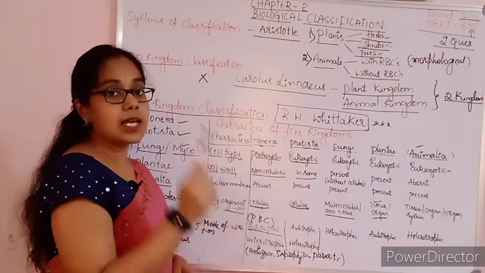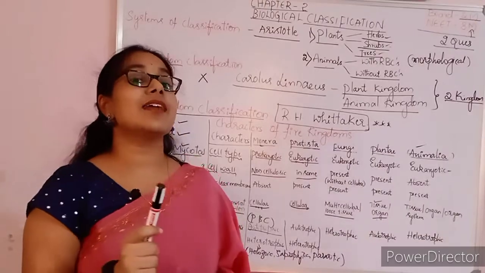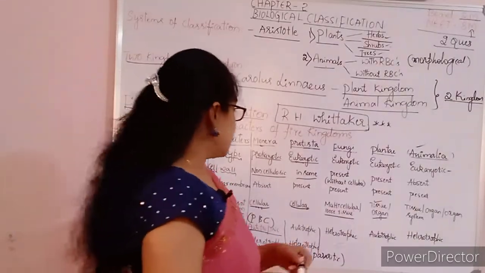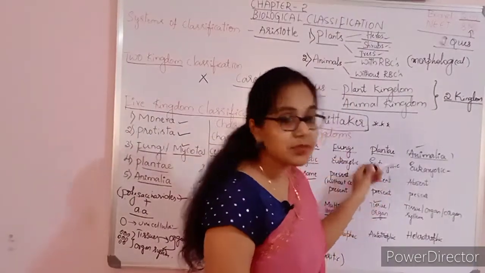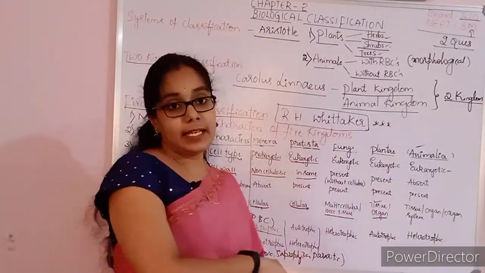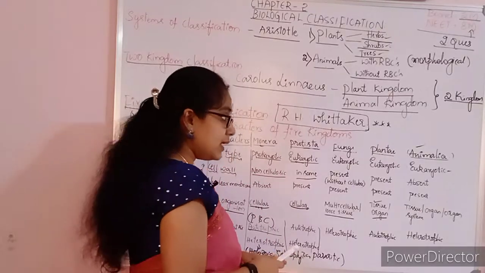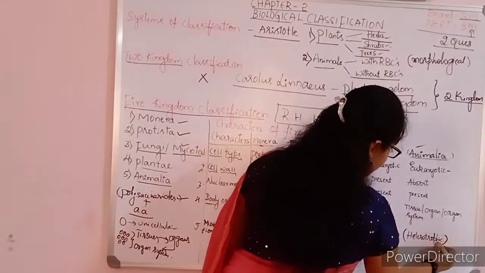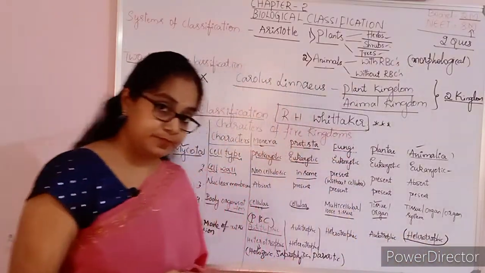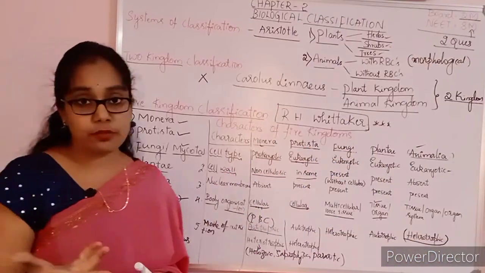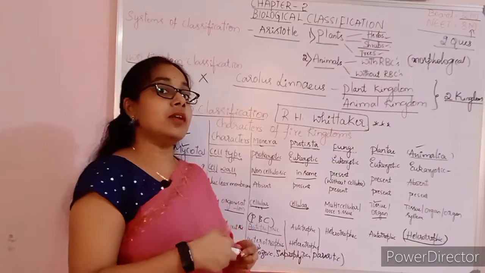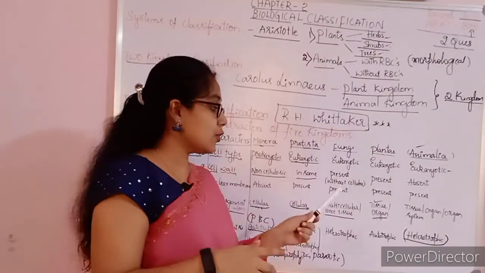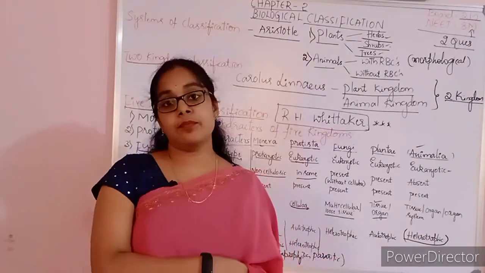They synthesize food by the process called photosynthesis. Clear to you? Next, coming to the last kingdom, kingdom Animalia. This kingdom involves organisms which are purely heterotrophic, because they do not have chlorophyll. They have to depend upon other organisms for food, so they are always heterotrophic.